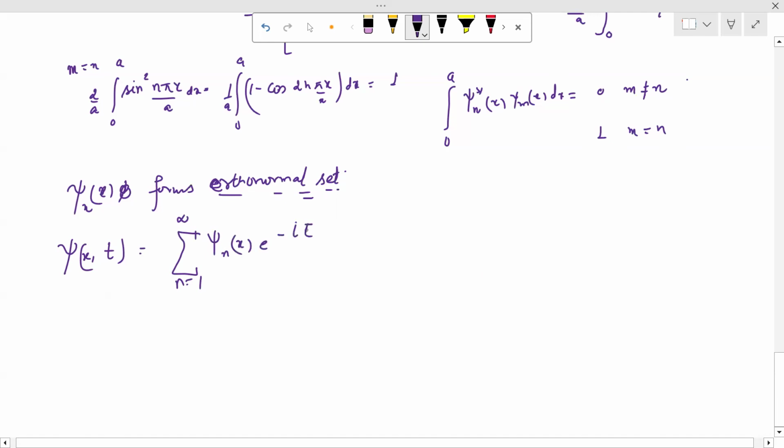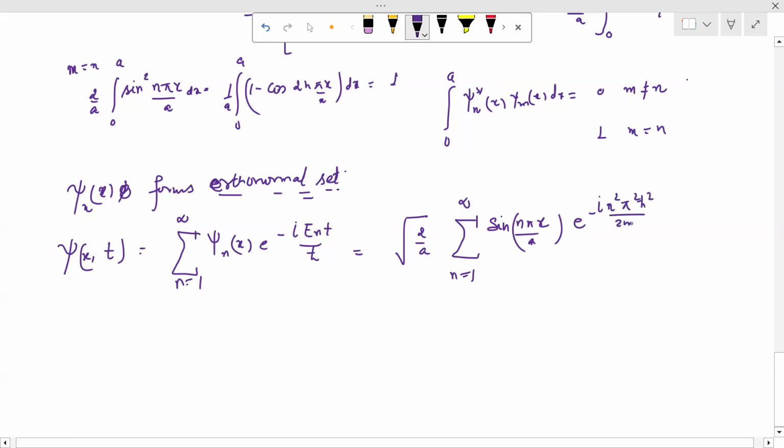This will be e power minus i E n t upon h cut. So the most general solution will be equal to what? Root over 2 upon a, summation n equals 1 to infinity, sine n pi x upon a, and then e power minus i n square pi square h cut square upon 2 m a square times t.